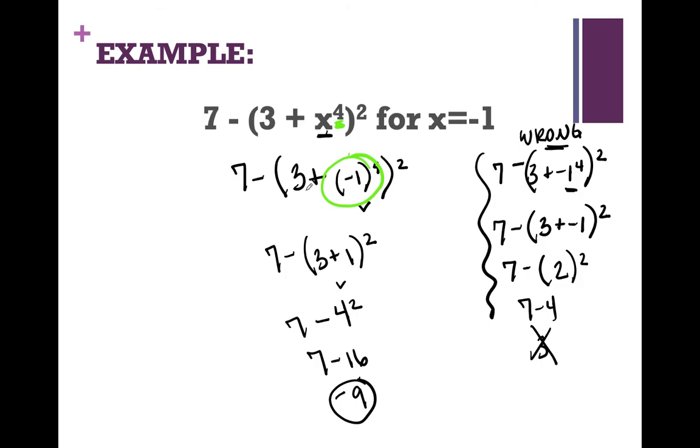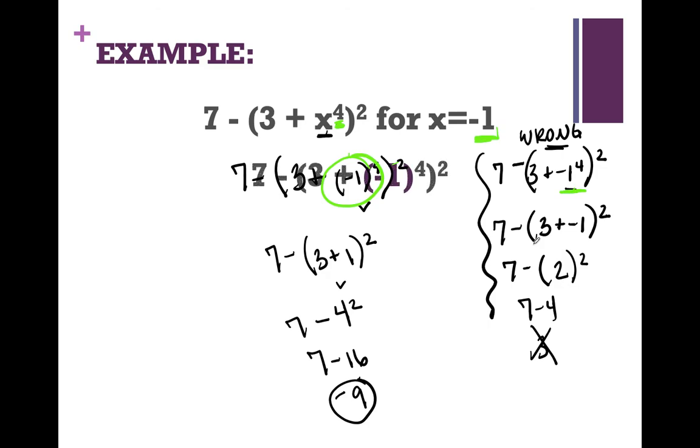If there is no exponent, you can get away with not using parentheses. But with exponents, you have to put parentheses around the base, especially if it's negative. So you want to be very careful to distinguish between the two, with parentheses and without parentheses, because as you can see, it is possible that you might get the wrong answer.